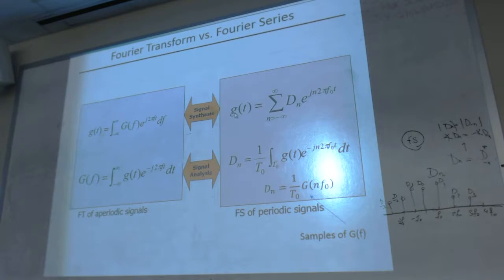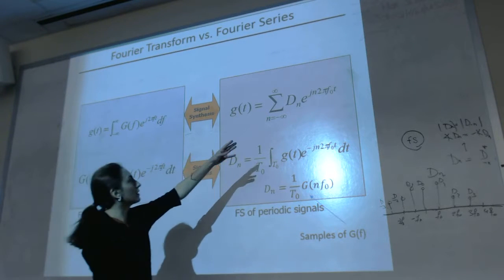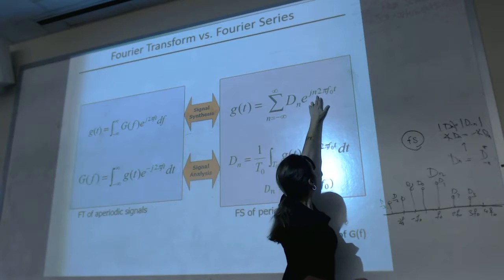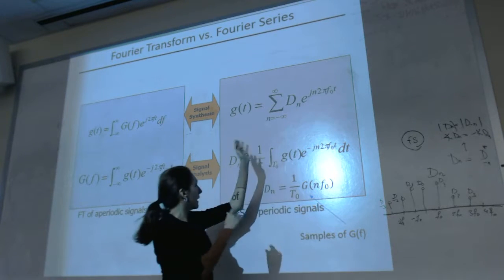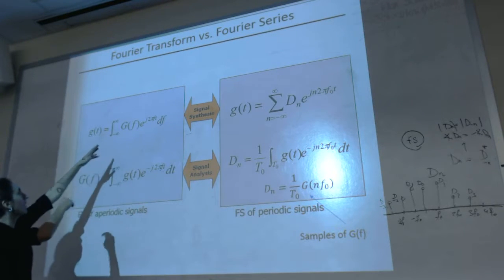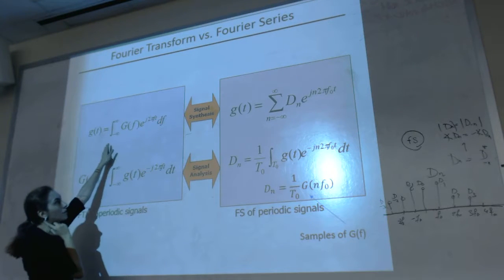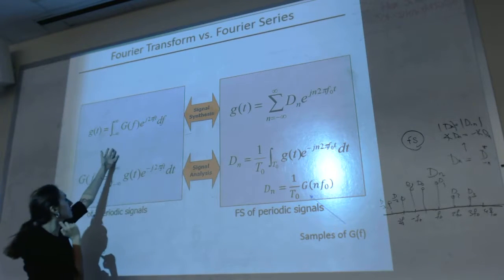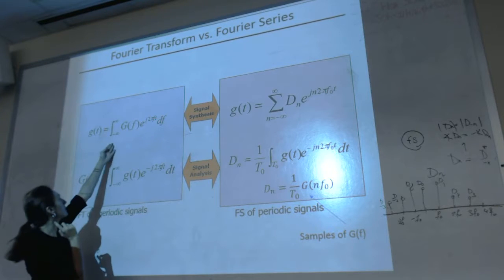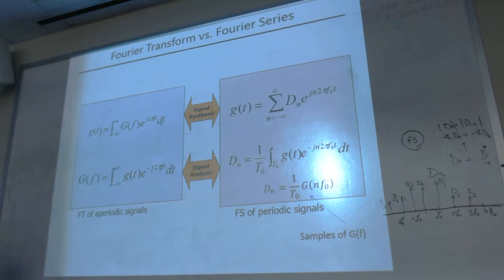Here in the Fourier series, I can write g(t) as the summation of Dn times exponential, multiples of f naught. Here, instead of summation, you have an integral. Always, when you go from discrete to continuous, sigma is converted to integral. And G(f) is exactly the same as Dn. The roles that G(f) and Dn play are the same.